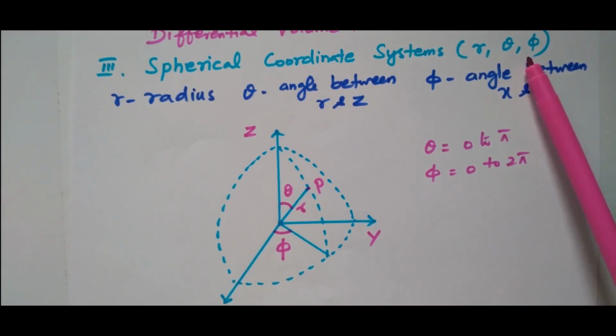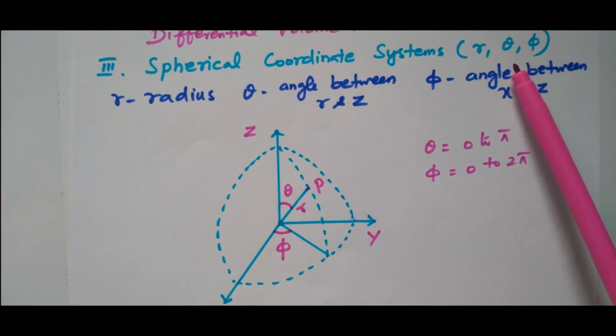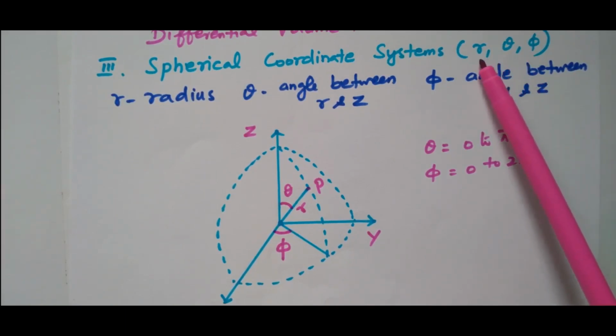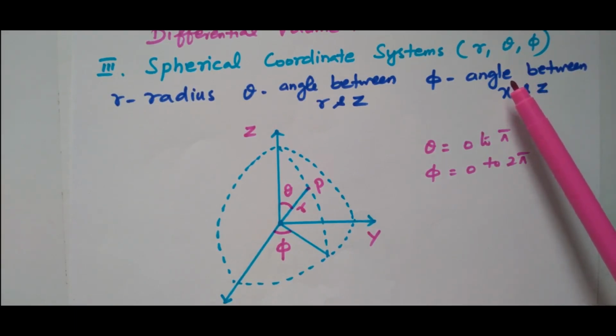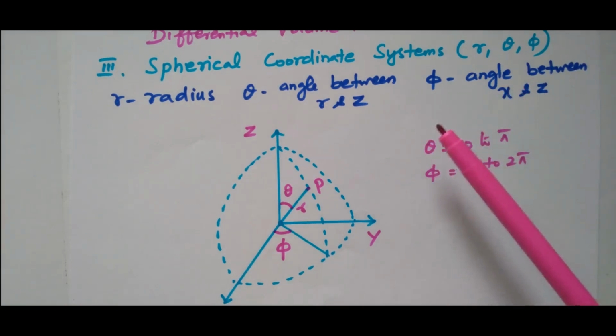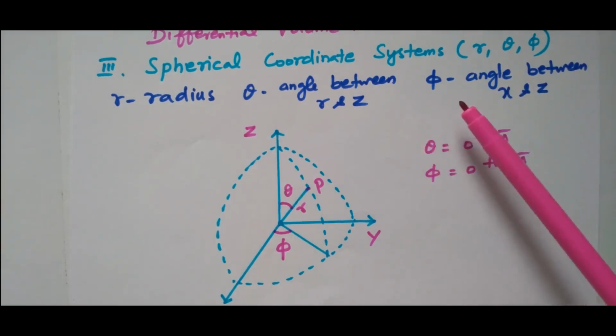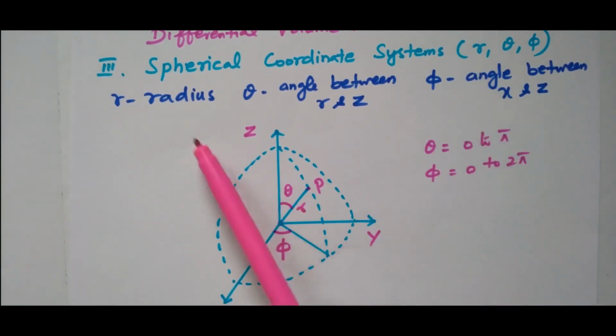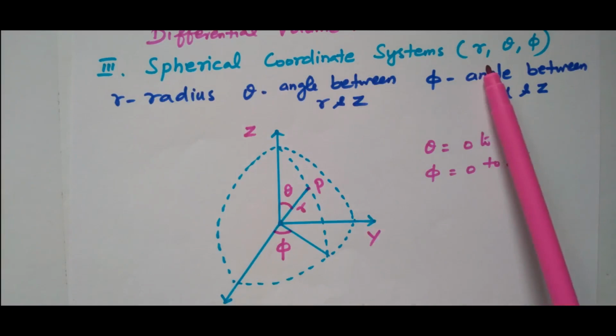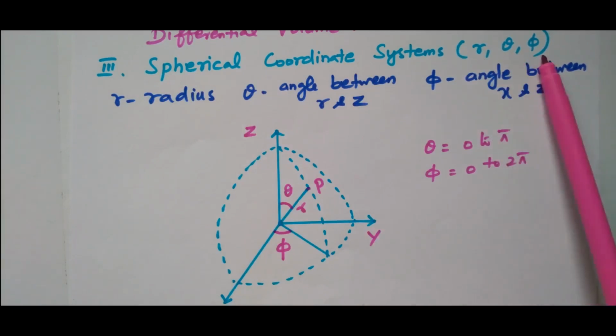In the second system, two lengths and one angle. In the third system, one length and two angles. So for any system, if you want to represent either length or angle, you can choose any one of these three, according to our requirement, right? So this is a spherical coordinate system with a radius and two angles.